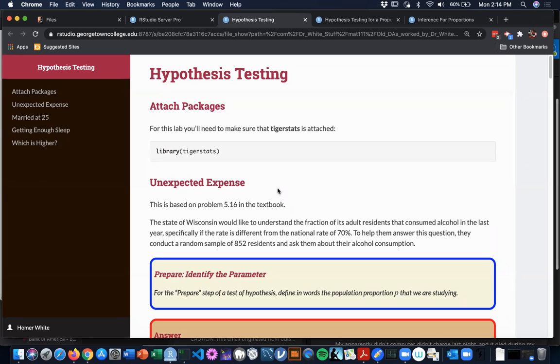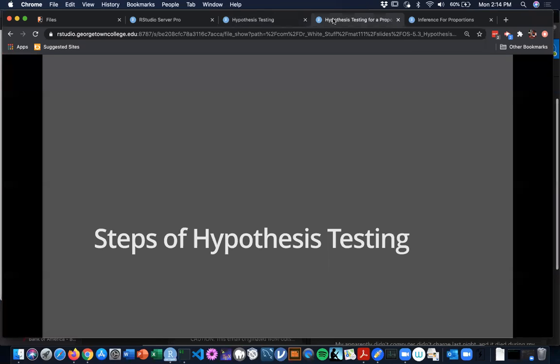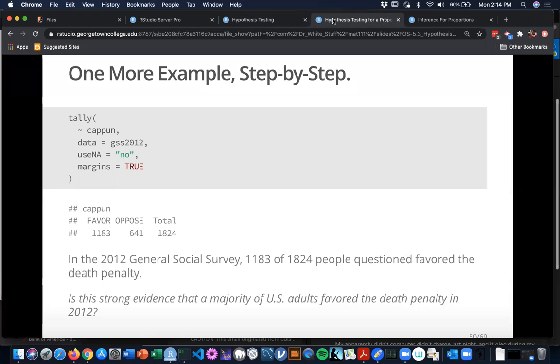The key to this DA really is the last section of the 5.3 slides, steps of hypothesis testing. That was the section where we took up an example investigating what proportion of adults in the US favor the death penalty, using the GSS 2012 data set and the Capun variable in it.